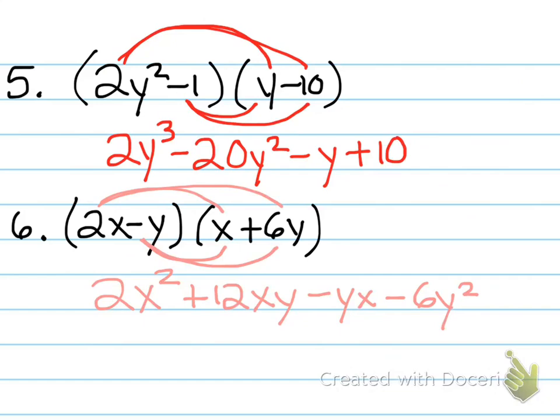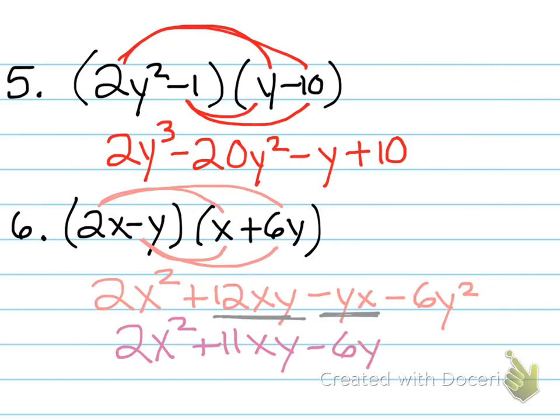We do have like terms here. 12xy is the same thing as yx. It doesn't matter the order when we multiply things, so we can add them together. So my final answer is 2x squared plus 11xy minus 6y squared. Can you name this one?